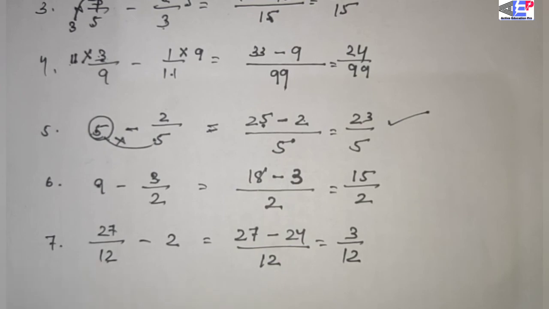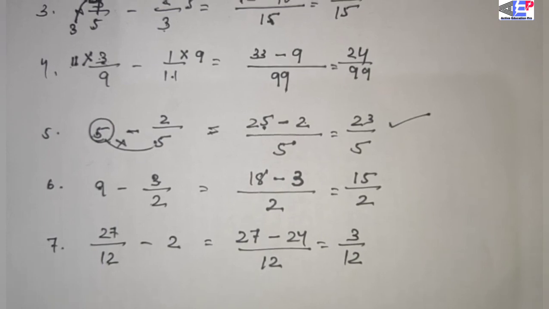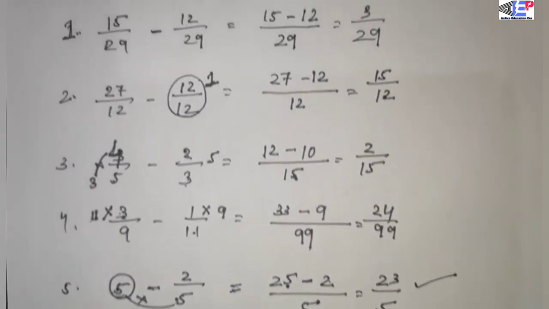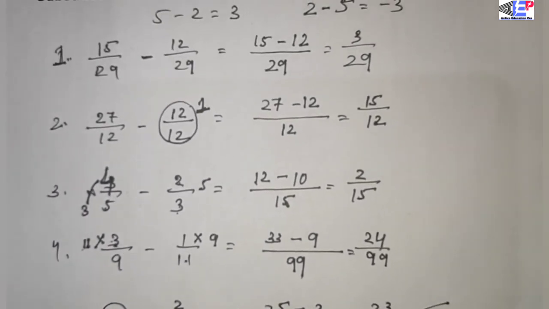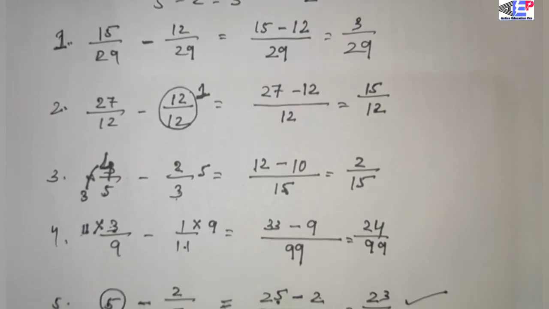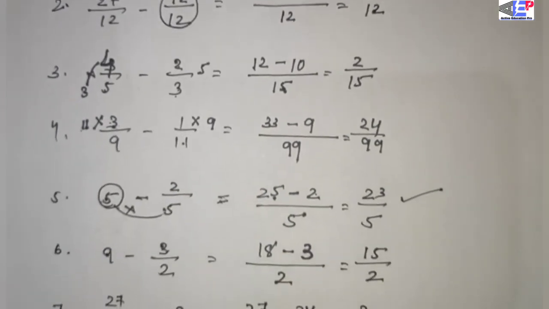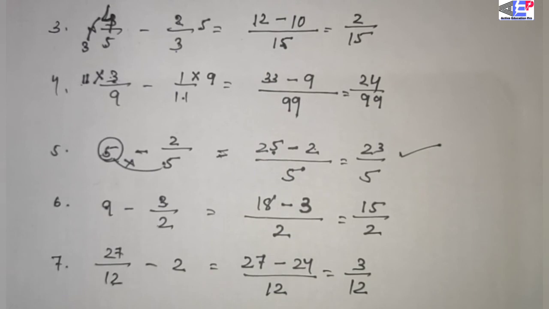So in this video we learned the subtraction of like fractions, then subtraction of unlike fractions, then subtraction of fractions from a whole number, and vice versa, the subtraction of a whole number from a fraction.